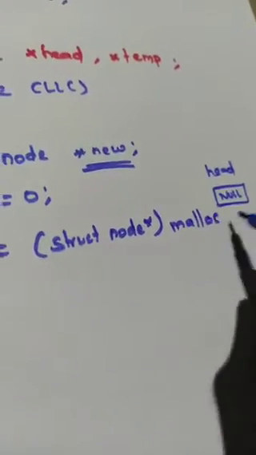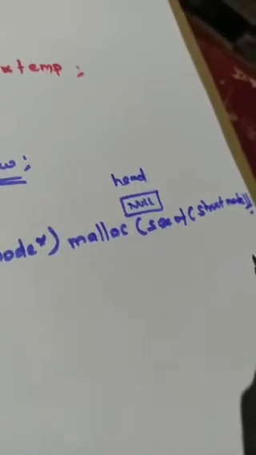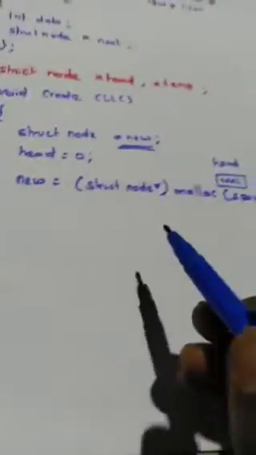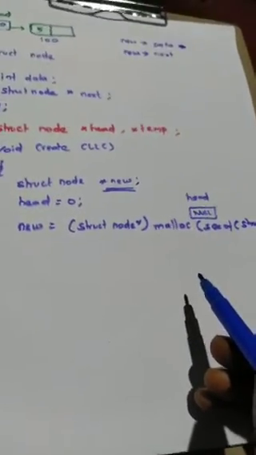New is equal to, the typecast is struct node, malloc, size of struct node. So we all know the structure, right? Now I have created the memory space by using the dynamic memory allocation method.